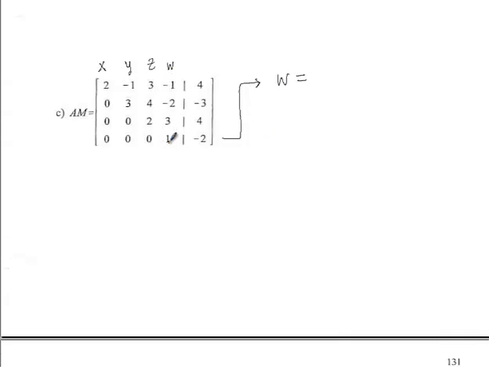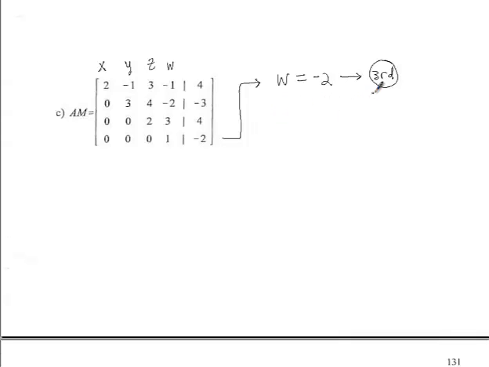With the coefficient of the W being 1, there's not really any work to do on the equation from the 4th row. We simply find that W equals -2, and we back substitute that into the 3rd equation from the 3rd row.